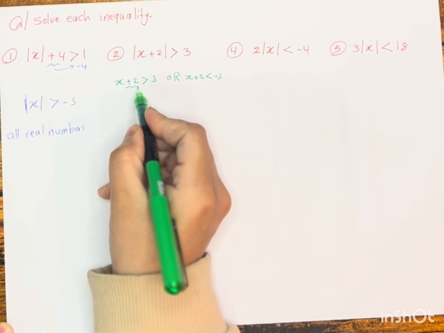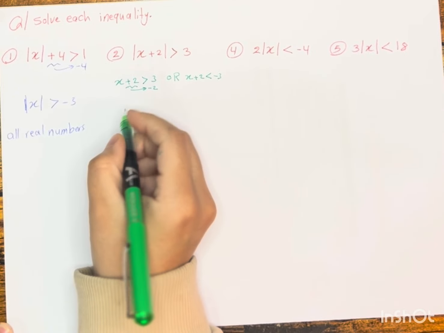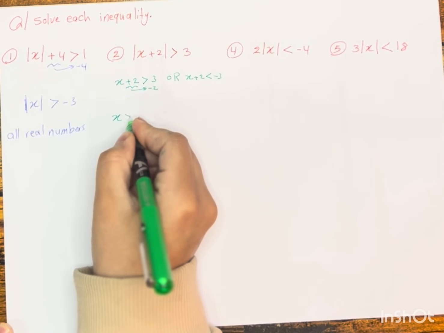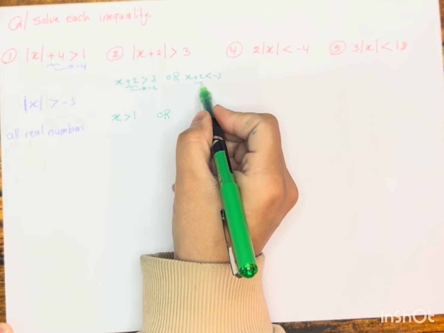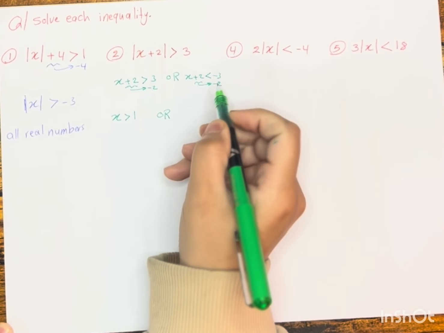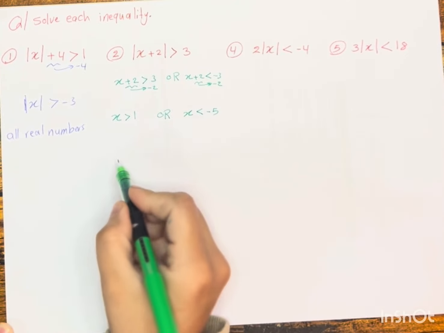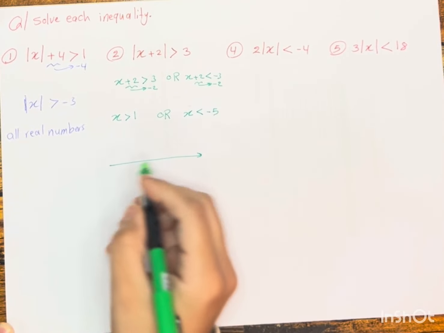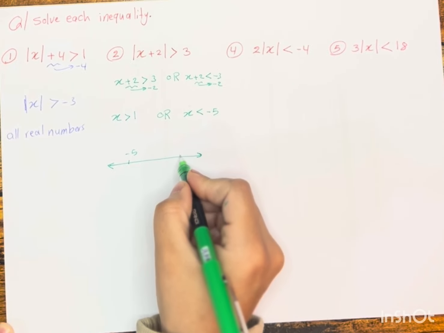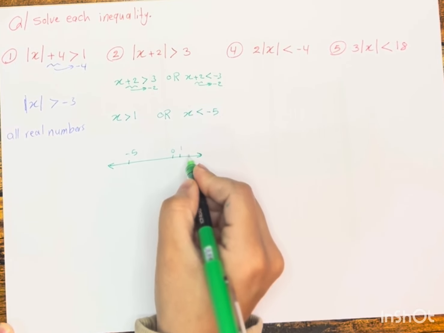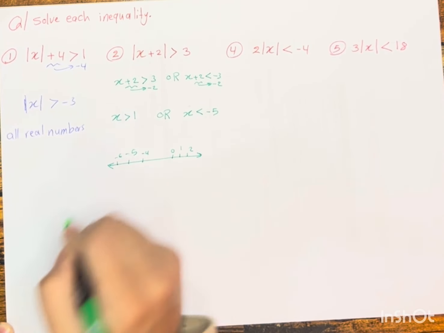Now take this positive 2 to the other side, will be -2. I will write x greater than 1, or take positive 2 to the other side, will be -2, x less than -5. Now a number line: -5, here is 1, 0, 2, -4, and -6.